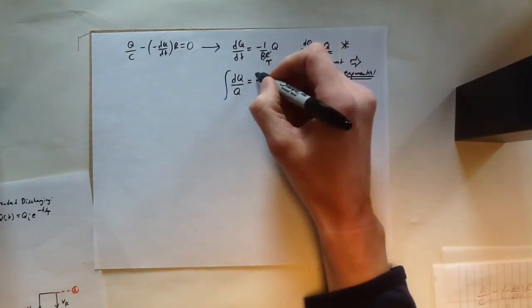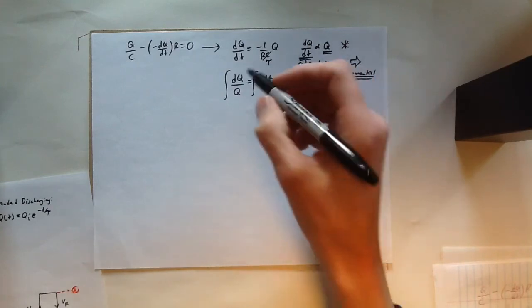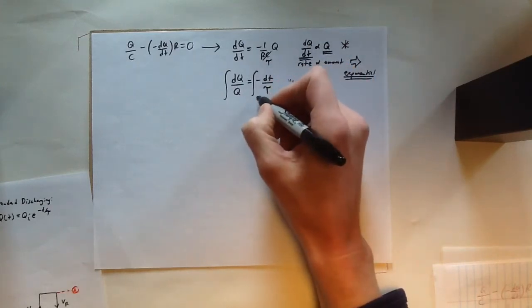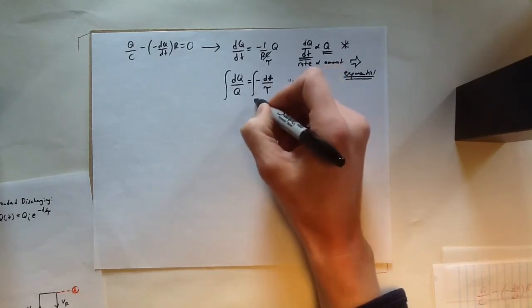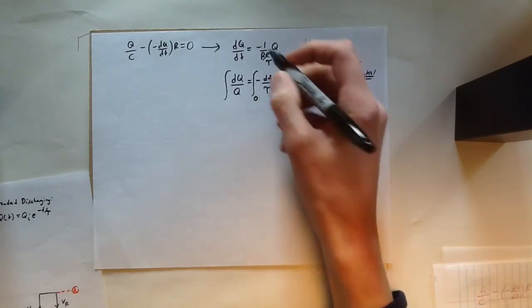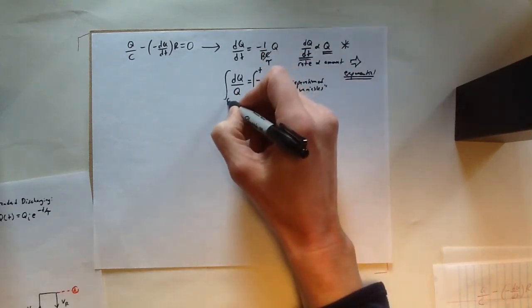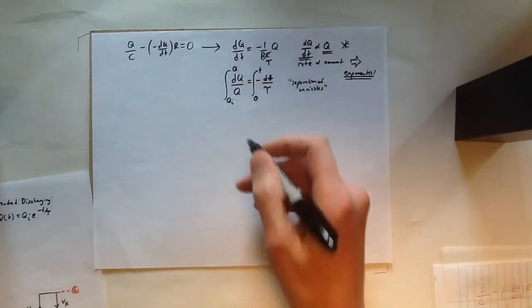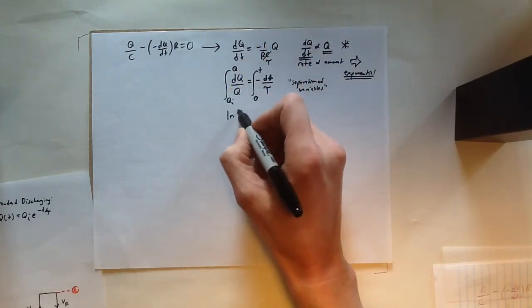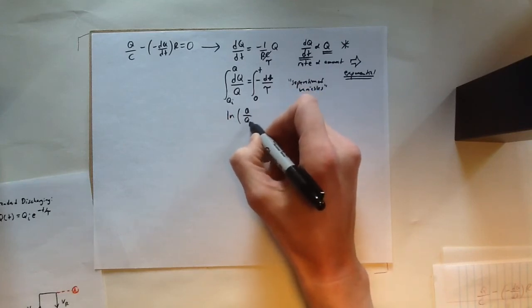We're now going to integrate both sides. And just so we don't have to deal with all the plus c business, let's put in our limits here. This is the time integration, so we're going to start from 0 time and go to some random time. And here we're going to start with our initial charge and go to some general time later. So what we get here is natural log, and then putting in the limits.